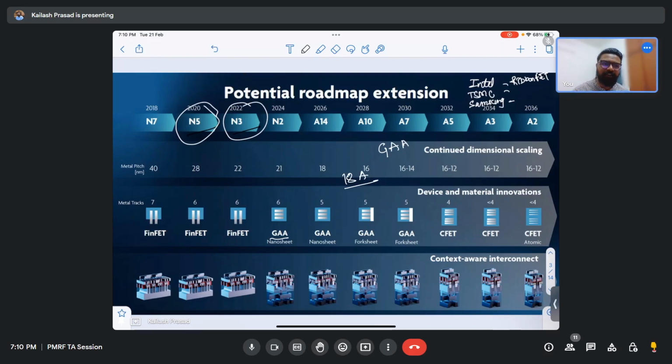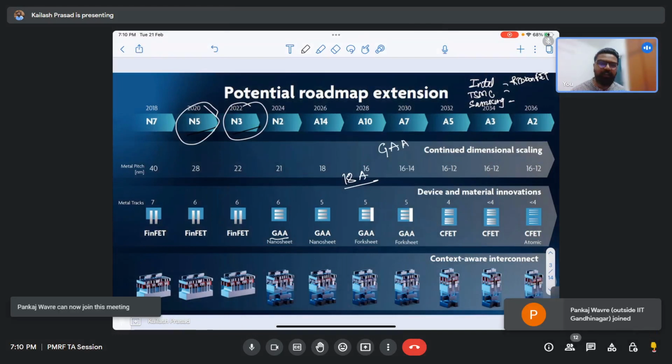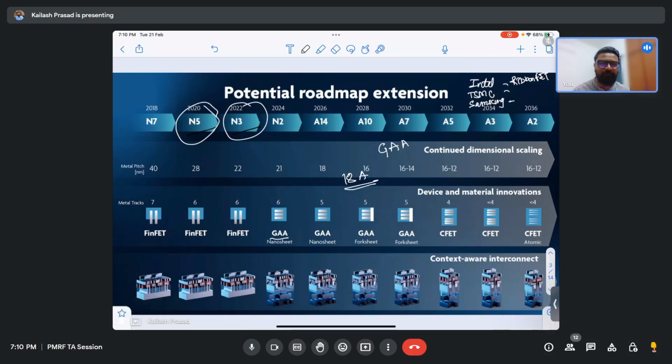But the nanometer era has gone; we are in the Angstrom era. Now they are naming all the nodes in Angstroms. Intel is naming it 18 Angstrom, which is 1.8 nanometer. TSMC calls it nanosheets, so they have not changed their name, and Samsung calls the same architecture MBCFET.